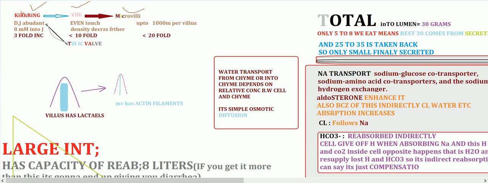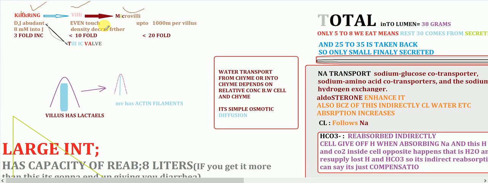The villi. By this I mean that in the upper portion of the small intestine, right now we're talking about the location of villi, the villi are so close to one another that they sometimes even touch each other.